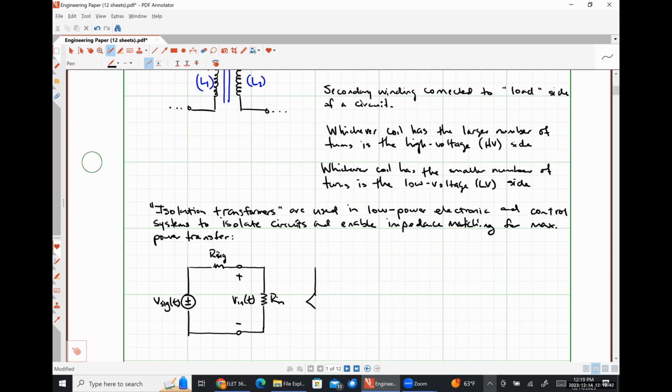Over here, we're going to have the output side of our amplifier. So this is going to be some transconductance gain Ag multiplied by Vn, in parallel with the output resistance of our amplifier.